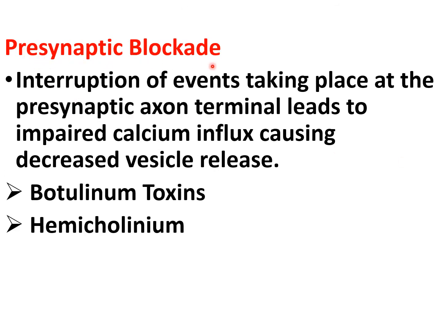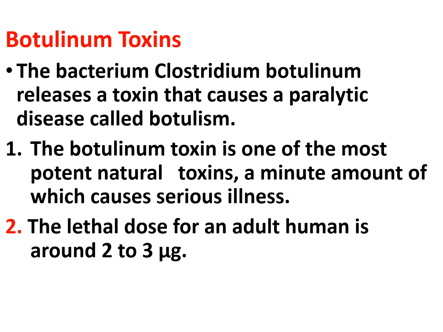Then presynaptic blockage. Interruption of the events taking place at the presynaptic axon terminal leads to impaired calcium influx, causing decreased vesicle release. Botulinum toxin and hemicholinium. First of all, botulinum toxin.